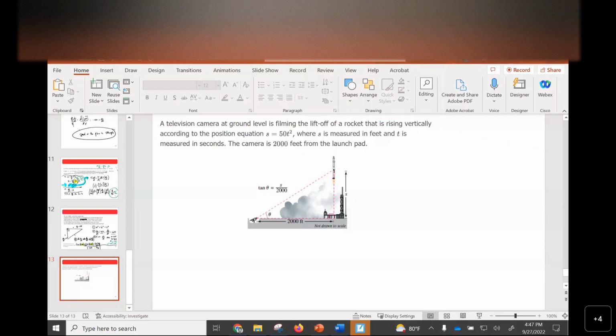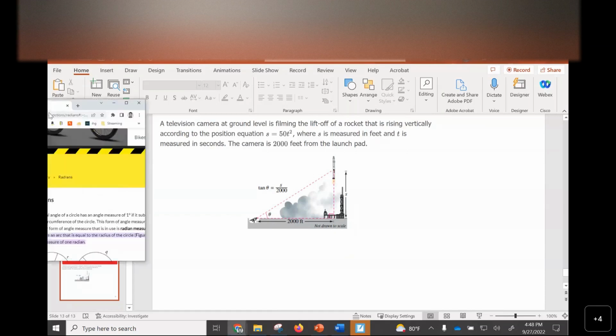Just a quick review of radians. If I ask you to find the measure at which an angle is changing, and we're not given any angles, so we're not sure what's going on in terms of degrees or radians, the default is radians, and you might remember that radians is a unitless measurement.